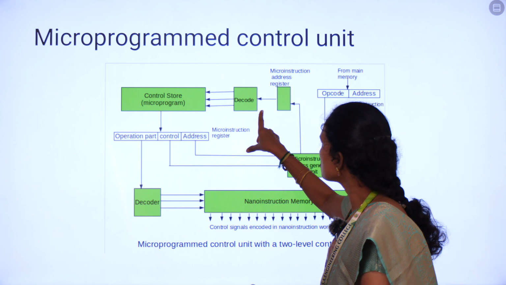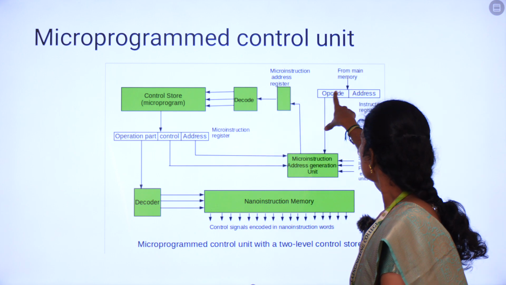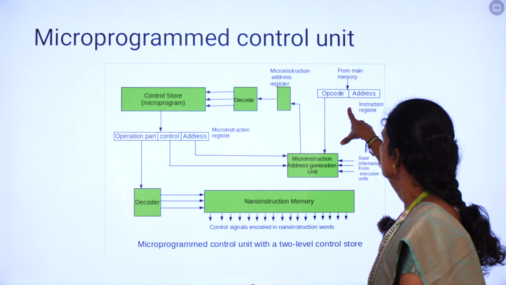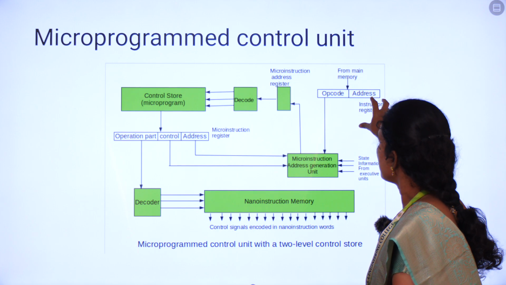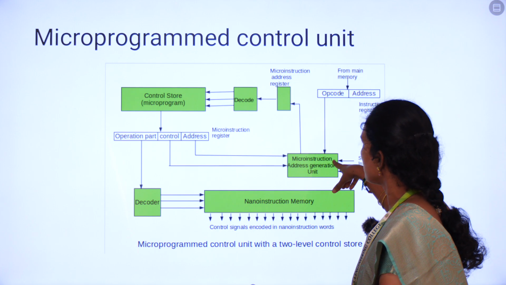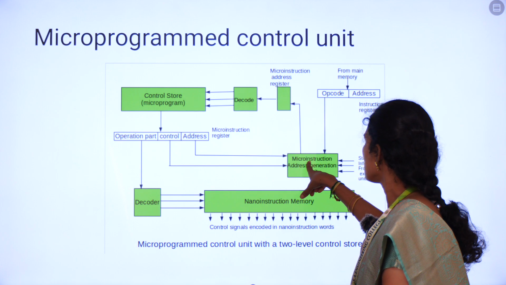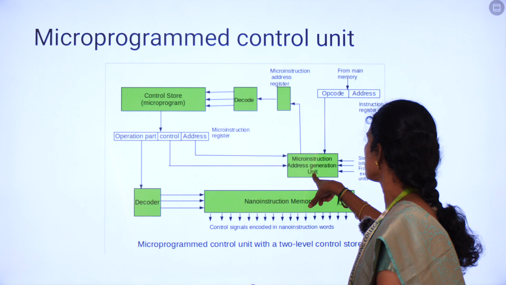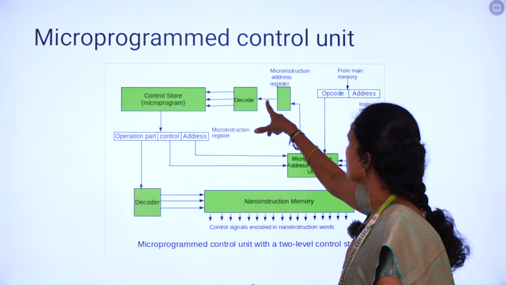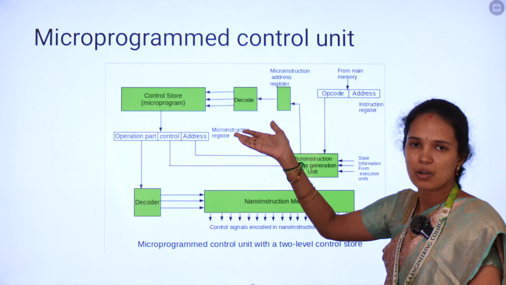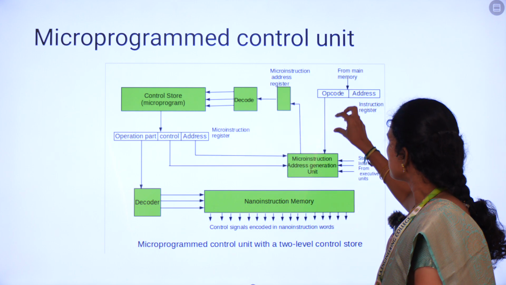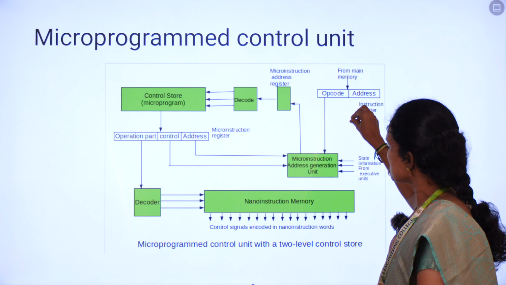Okay. So the instruction registers and all are the same; the opcode will be there, then the address will be there, then from that we need to decode it. Before decoding, the micro instruction address generation unit will be there. In the hardware version, it is decoded directly from the opcode or instruction register.